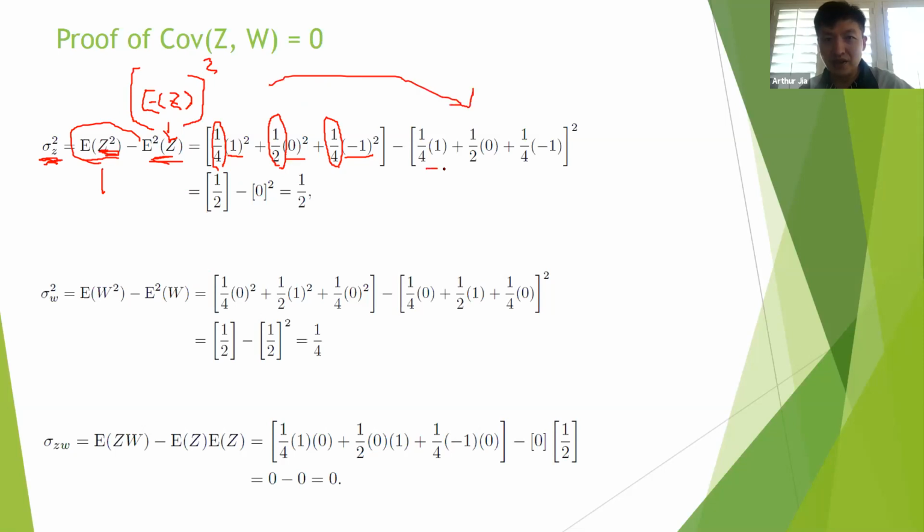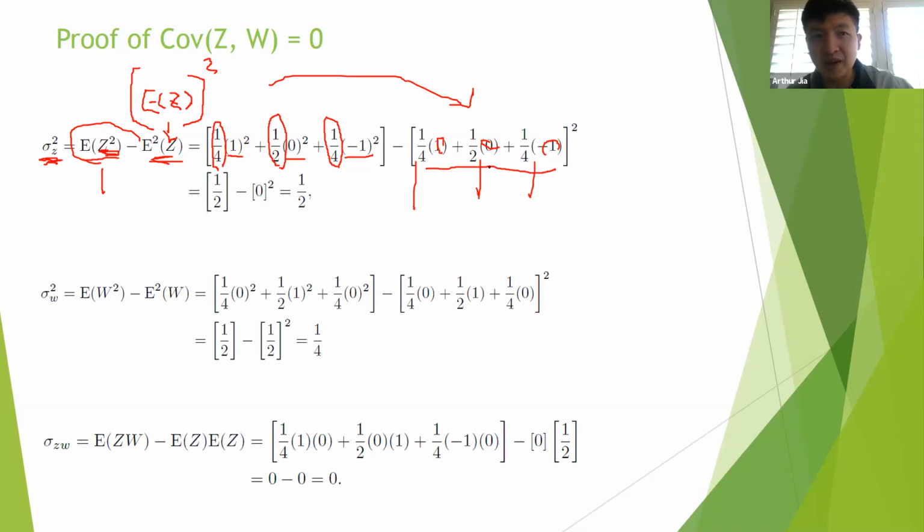Within the parentheses, you see the general expression for calculating the expected value for Z, right? Because Z can take three values here: 1, 0, and -1 with these probabilities. You just sum up these three values multiplied by their associated probability.